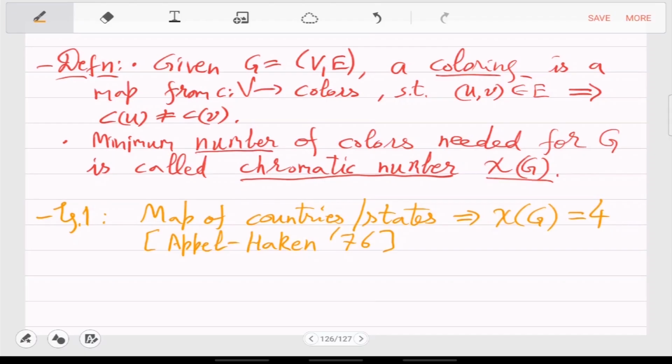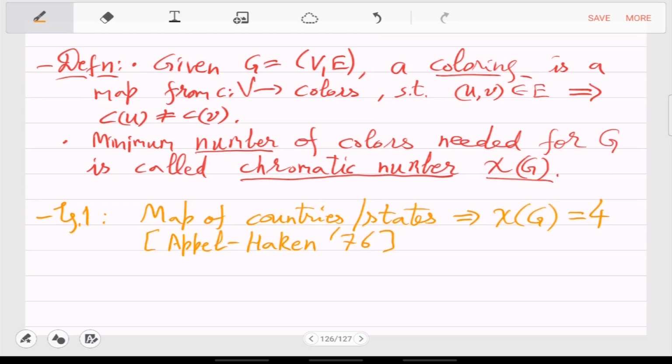They used computers to actually check some remaining cases, so it was not a completely mathematical proof. In fact, it is called the first proof that used computers to complete the proof.